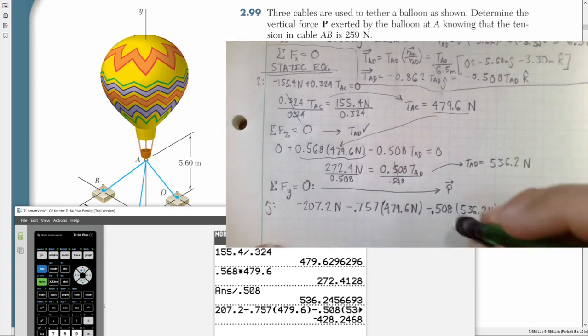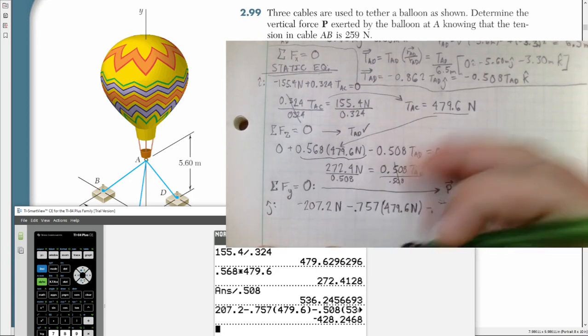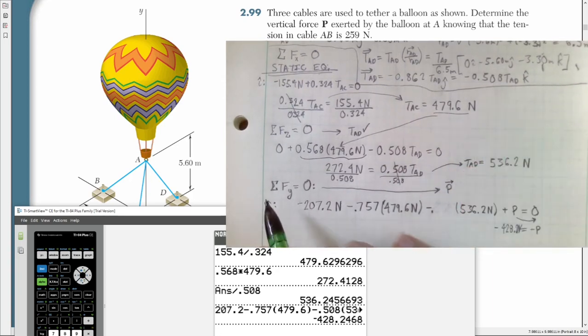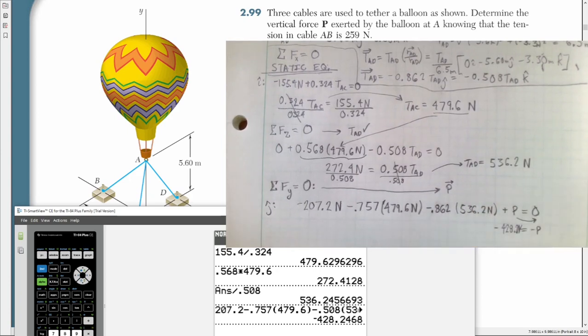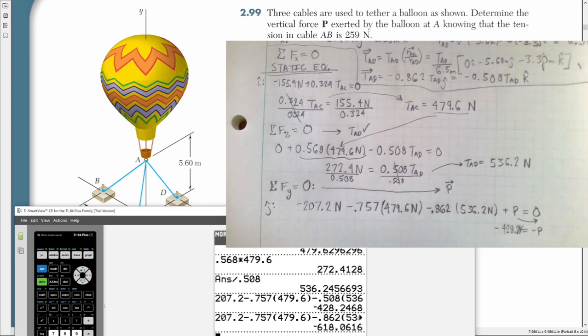One second there, guys, one mistake I just made. I used the k hat coefficient instead of the j hat coefficient; we're doing force in y. So it would be negative 0.862. I apologize. So we're going to go up here, show you a little trick, grab this, and go back and edit it and change it to 0.862. Notice we also need to make this a negative in the calculator. So we're going to copy this over.